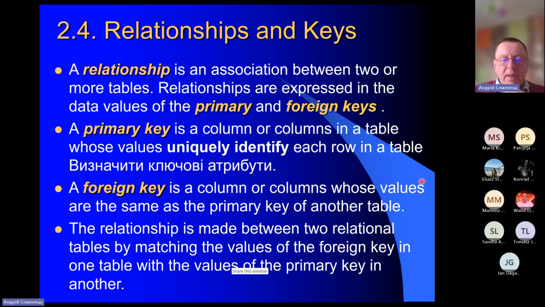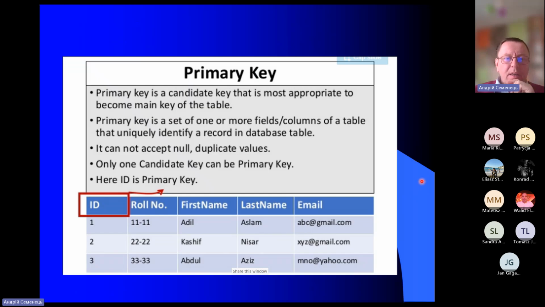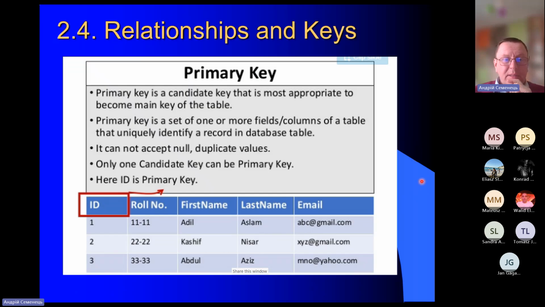The relationship is made between two relational tables by matching the value of a foreign key in one table with the value of a primary key in another. So here is again how it could look. Here we have a list of persons, and we provide an extra field to ensure that we have a unique identifier.